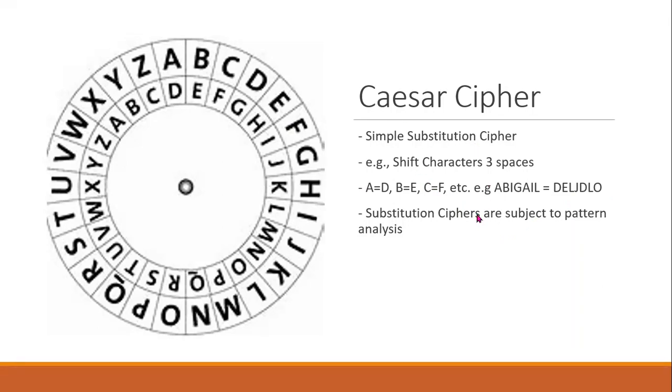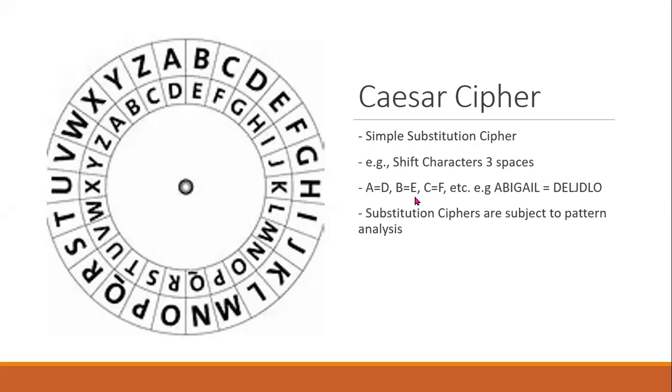With substitution ciphers, they are subject to pattern analysis. That is one issue, because if a cyber criminal or cryptanalyst were to identify the most common letter, first of all, which is E, once they've identified all the E's, the most common word actually is the, T-H-E.